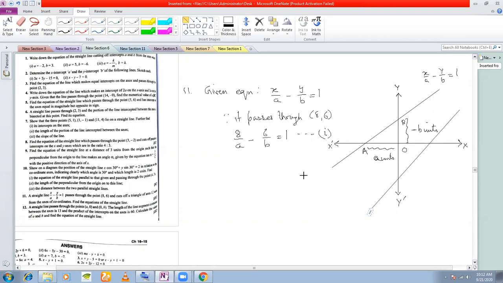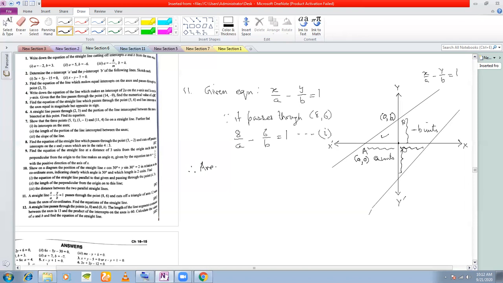The intercepts here are of opposite signs: if one is a, the other is minus b. If one is minus a, the other is plus b. So here the coordinates of A are (a, 0) and the coordinates of B are (0, b). So what is the area of this triangle OAB?